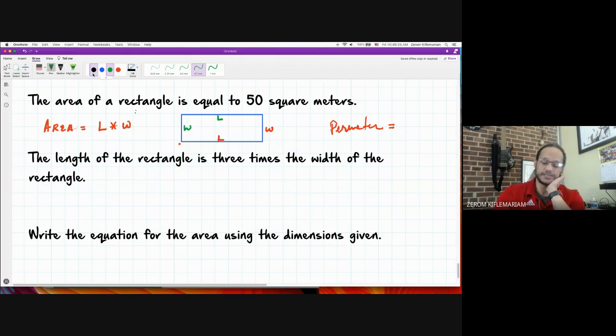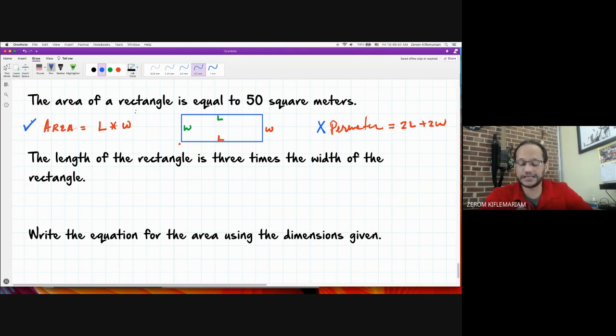Perimeter is given by 2 length plus 2W. At this time they're talking about area, so I don't have to worry about the perimeter portion of a rectangle. We are going to be focusing on the area.